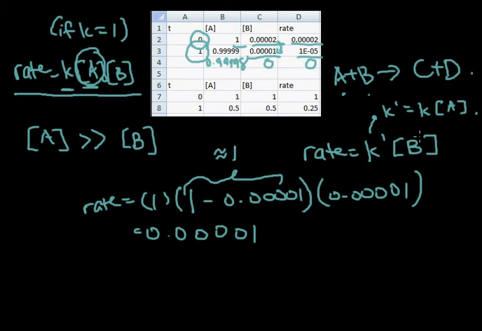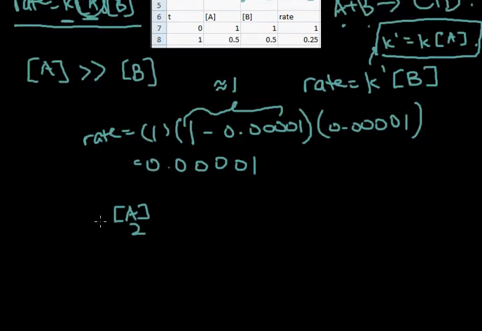Now, because K prime is still K times the concentration of A, if I times A by 2, the rate will still actually increase, right? So I'll give you an example. Let's say A now is 2, and B is still 0.00002.